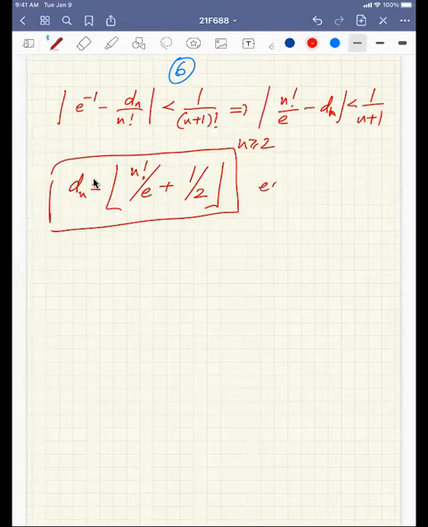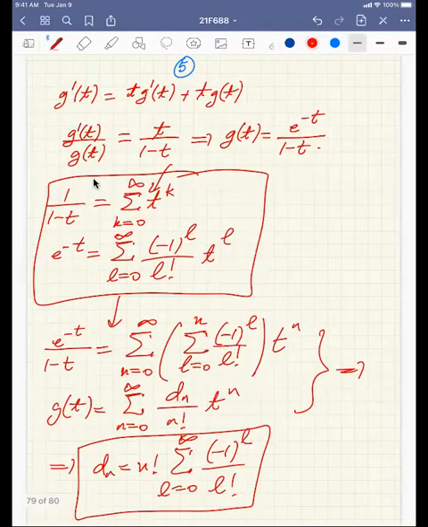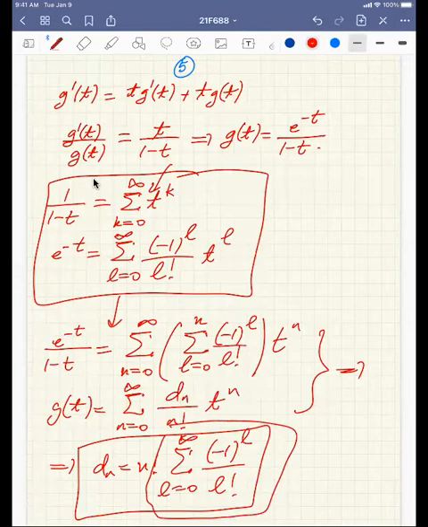Remember, e is about 2.718. So e to the minus 1 appears here because if you look at this alternating sum as a series, it's a convergent series, and it converges to 1 over e.